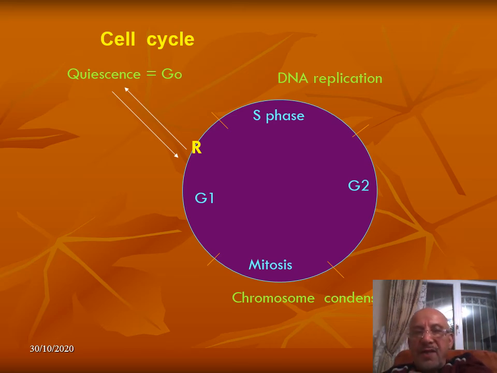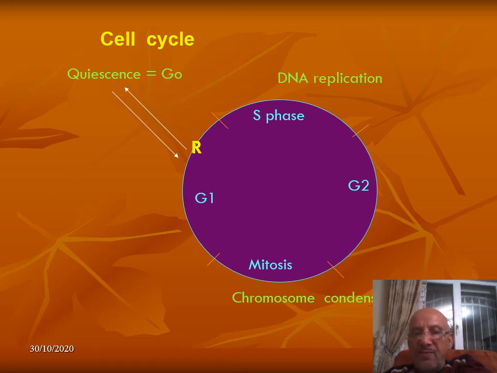We have quiescent cells, as we said, called G0 cells. Those are sleeping cells. They are not proliferating, but when needed for any reason, the quiescent cells go from G0 into G1, and the cells start to accumulate RNAs and proteins during this phase until we reach the S phase.